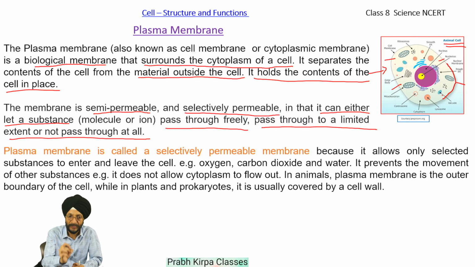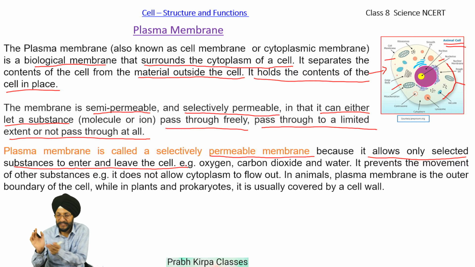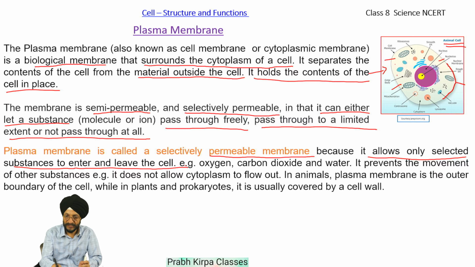So a very important question arises: why is the plasma membrane called a selectively permeable membrane? Because it allows only selected substances to enter and leave the cell. Plasma membrane allows oxygen, carbon dioxide and water to enter and leave the cell. But it does not allow the movement of many other substances.